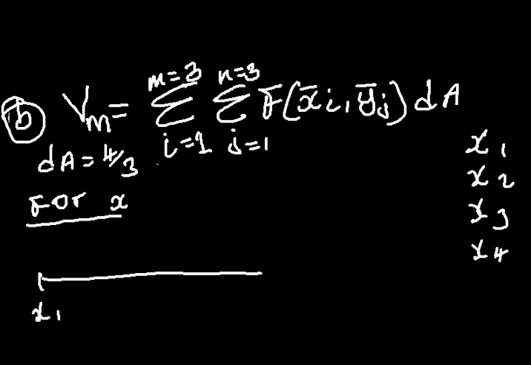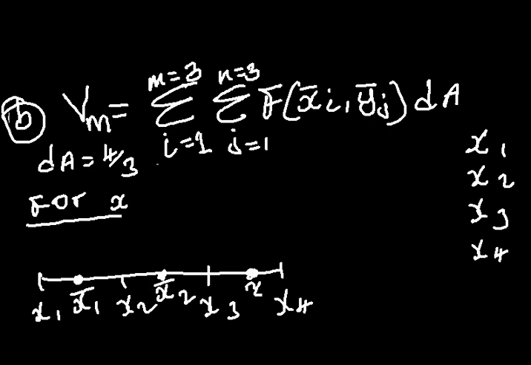This is for x1, x2, x3, and let's say x4. So these are the midpoints that we are looking for. And now this is x1 bar, this is x2 bar, and this is x3 bar.